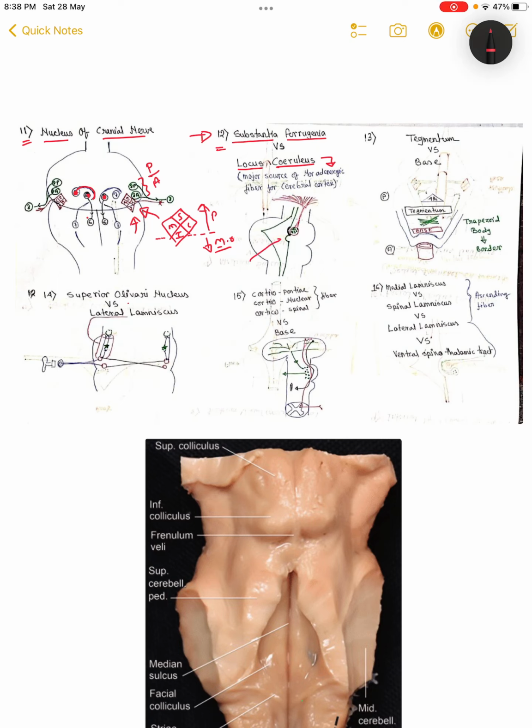You guys know this swelling is known as the facial colliculus. Above the facial colliculus, you will find another swelling, which is known as the substantia ferruginea.